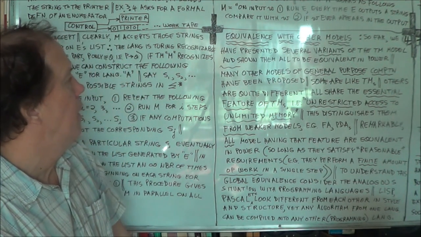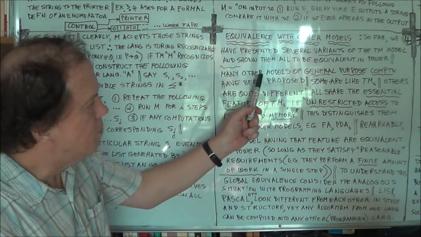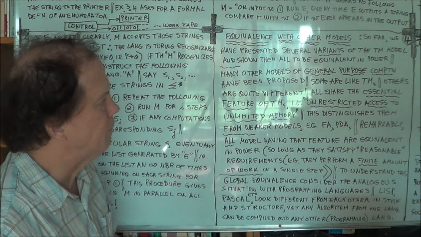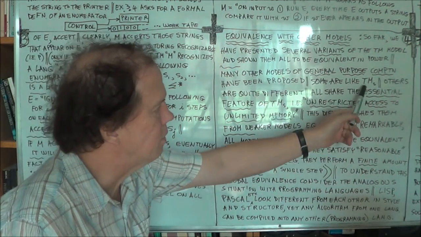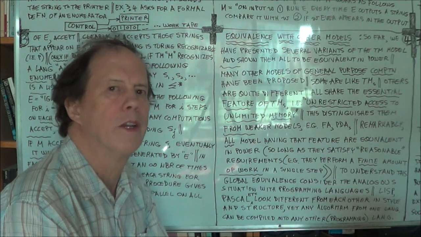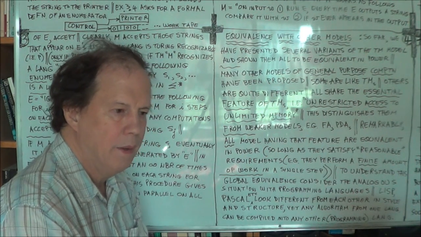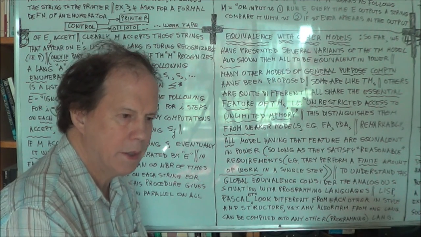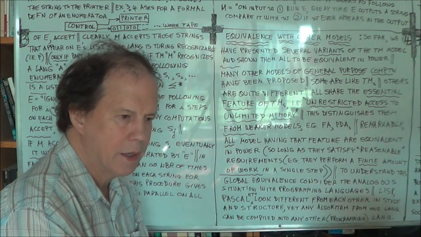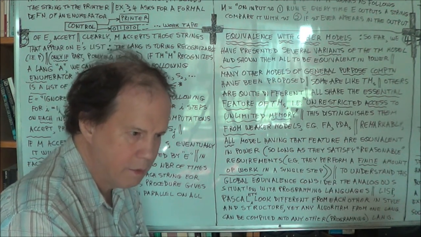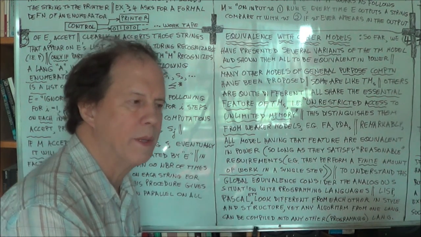Okay. Now, there are other models of general purpose computation. Some of them are similar to Turing machines. Let me give you a little bit of history. There was an American, I guess you'd call him a mathematical logician, fascinated by Hilbert's challenge. I've mentioned this a bit before.